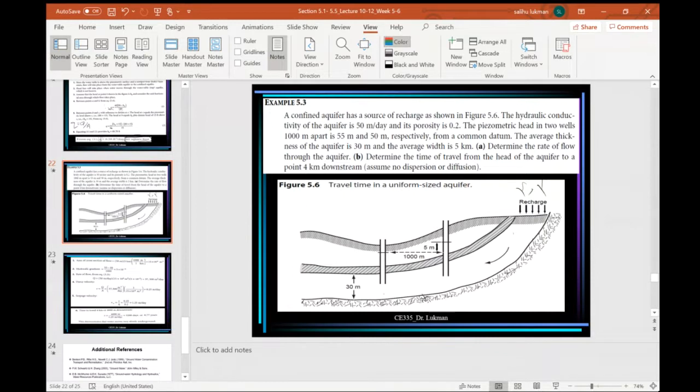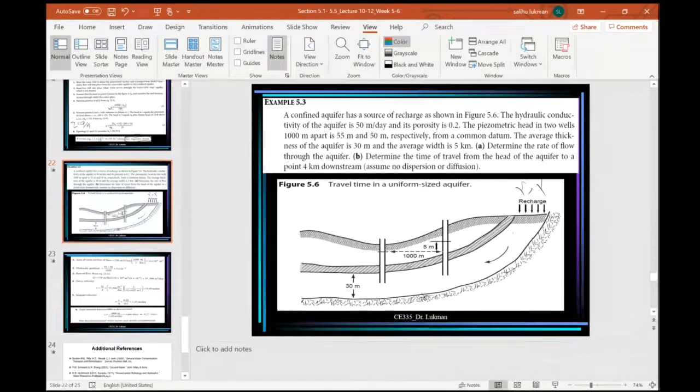The higher the porosity, the more voids you have. By voids we mean the internal spaces between the soil grains in the porous layer. So the hydraulic conductivity of the aquifer is 50 meters per day and the porosity is 0.2.